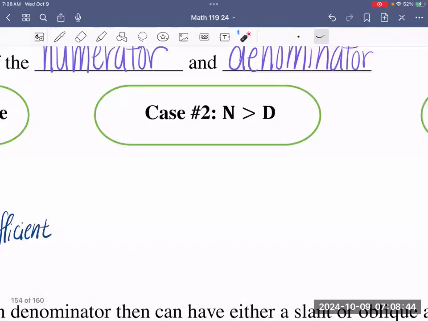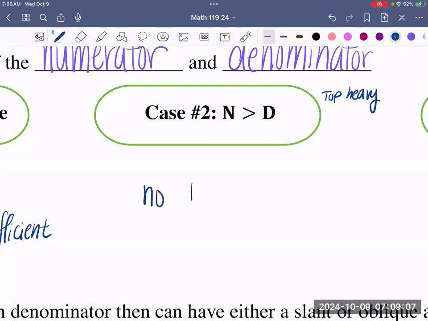Whereas in case 2, if the degree of your numerator is bigger than your denominator, so it's kind of top heavy, that just means there are more x values on your numerator than down below. Then there's no horizontal asymptote.